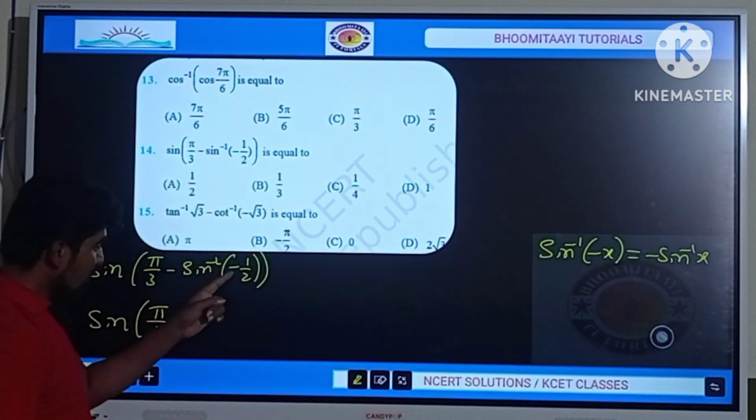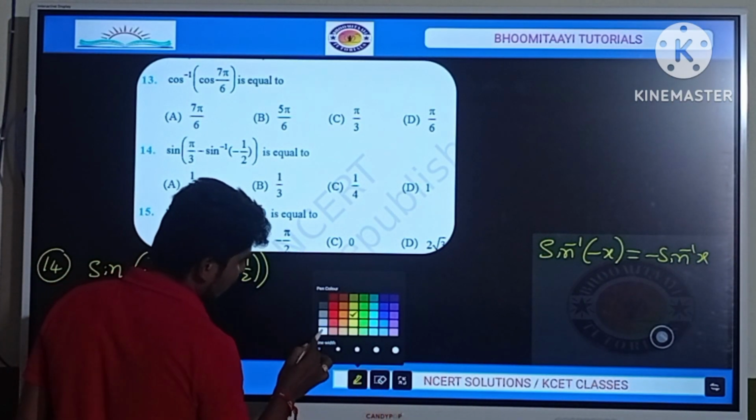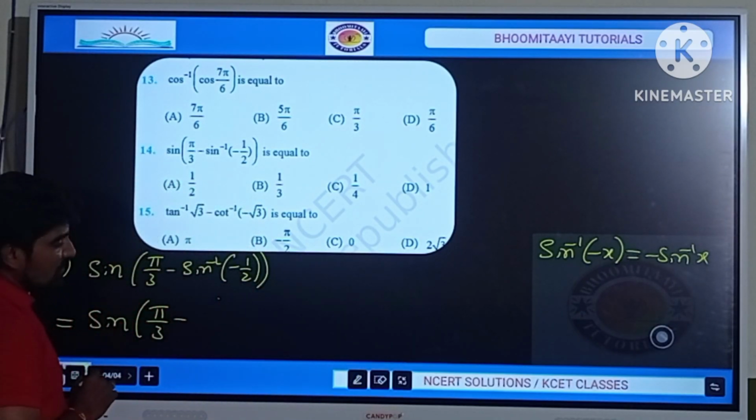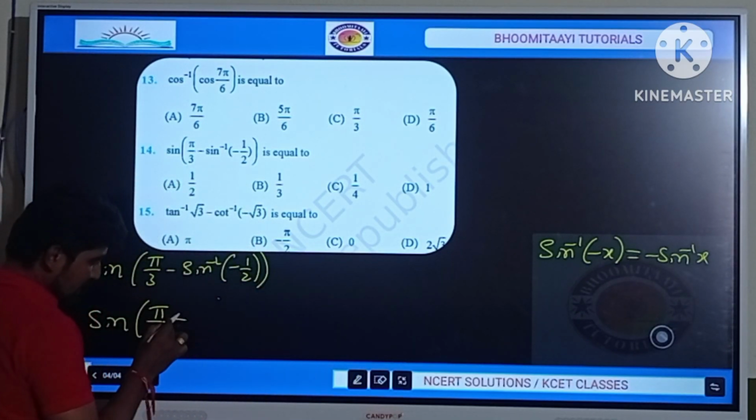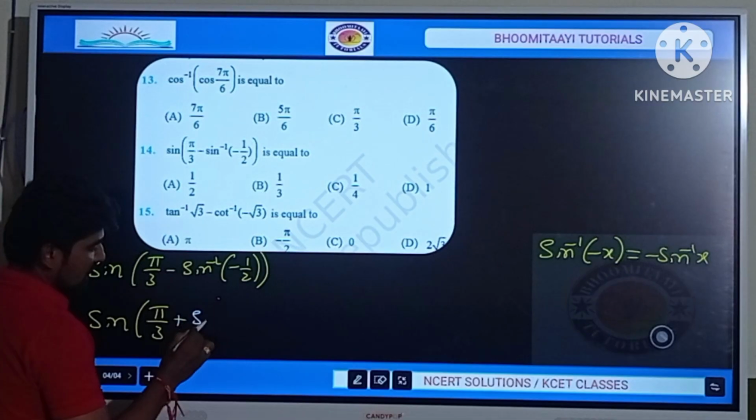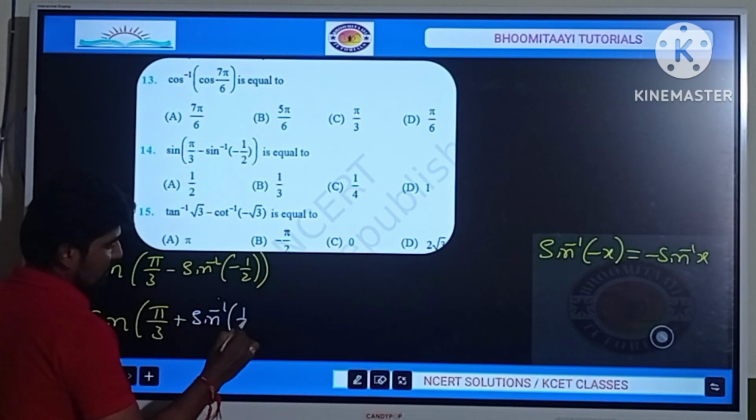Therefore, sin inverse of minus 1 by 2 is equal to minus sin inverse 1 by 2. So, minus into minus, plus sin inverse 1 by 2.